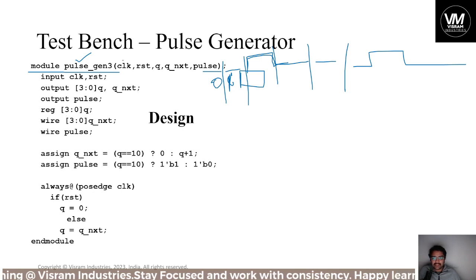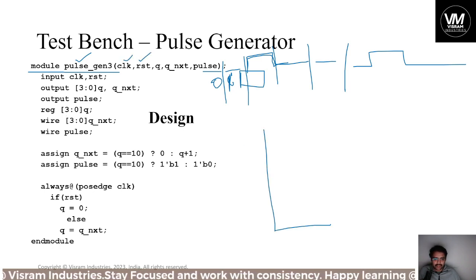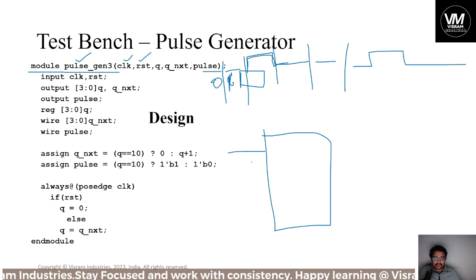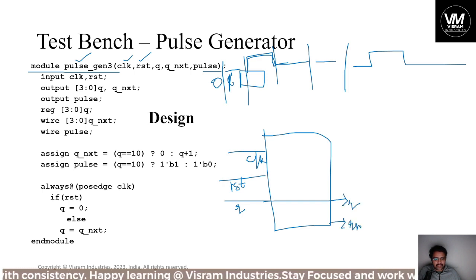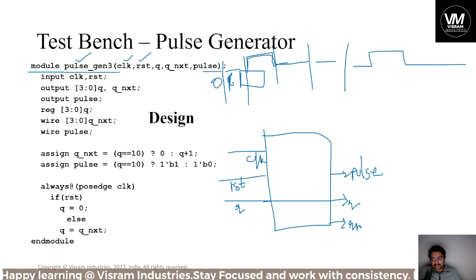Just understand, these are the inputs. For a pulse generator, you have clock, you have reset, you have Q, that is the output here, and you have Q next, and also the pulse, the required pulse that we are getting.